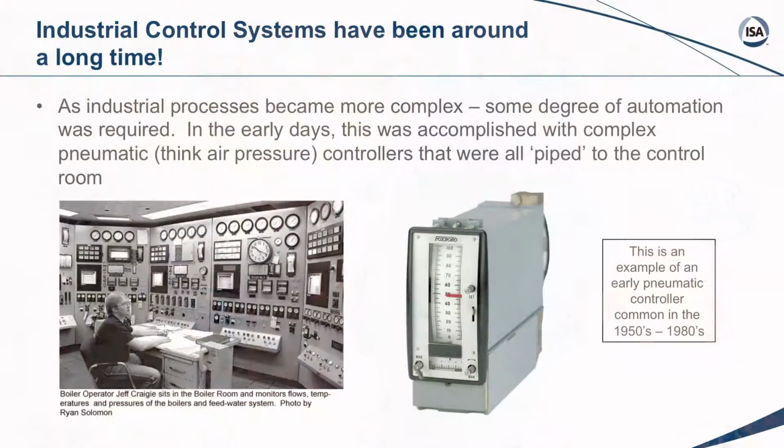This is an actual picture I took. I came out of the pulp and paper industry. So when I got into the mid-career, I would say, standalone electronics were kind of the thing. So we took those standalone pneumatic controllers, converted them to electronics.